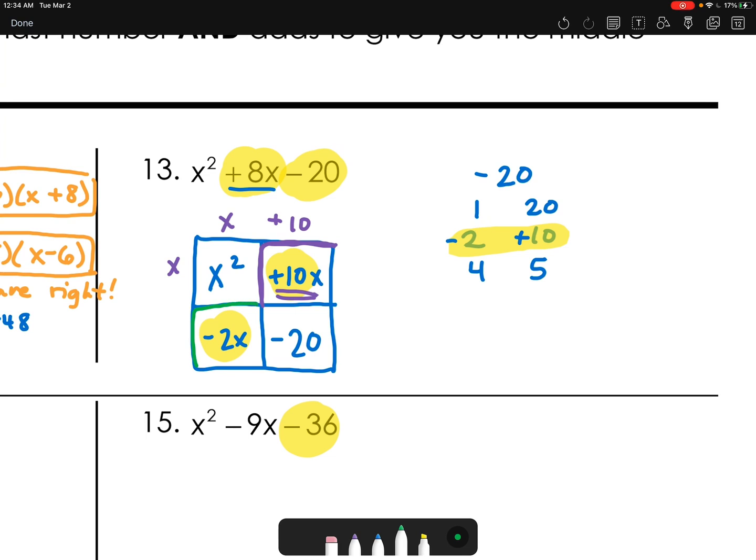Here, what would multiply with x to give me negative 2x? Well, negative 2. And I could double check to make sure that these two numbers multiply to give me negative 20, and they do. And so my final answer would be x plus 10, x minus 2.